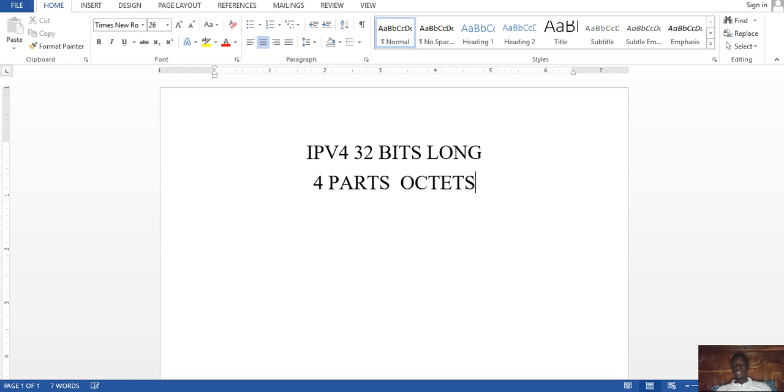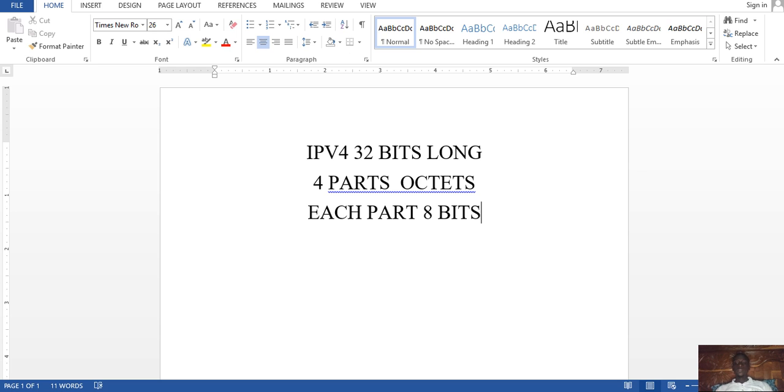So each part of the IP version 4 address consists of 8 bits. 4 parts of 8 bits equals 32 bits. This is exactly what we're looking at as an IP version 4 address.